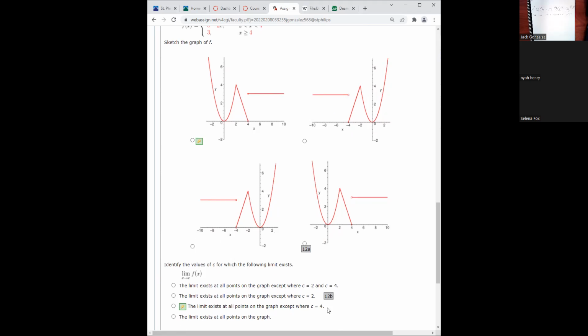A is wrong. B is just saying almost the same thing. C has the only point that we mentioned right now. The limit exists everywhere except at 4. So you would choose C. Do you see why I eliminated A and B?